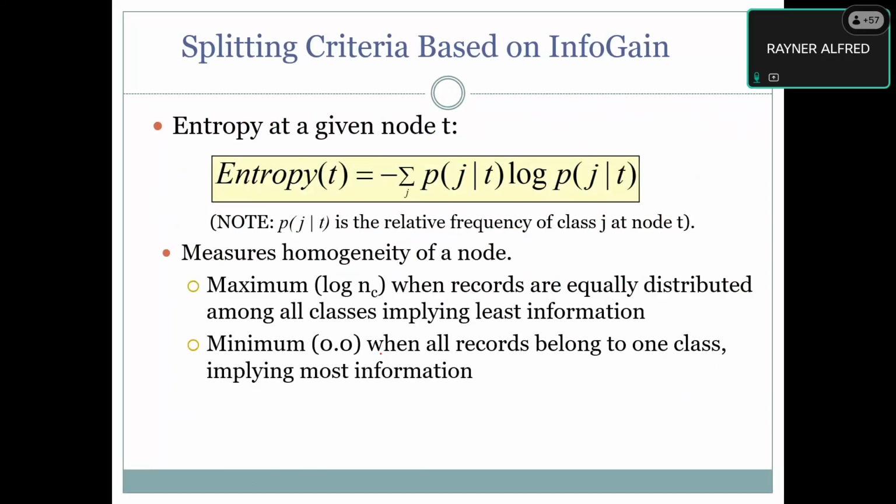You remember this formula. The entropy can be defined as the summation, over all classes, of the probability of a document belonging to the class times log base 2 of the probability of the document given the class. Okay. So how do we apply this formula?